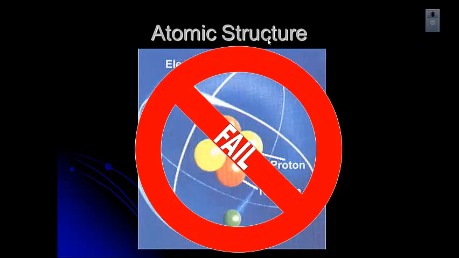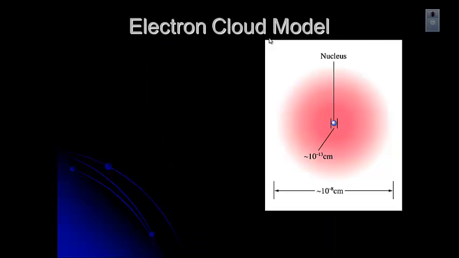So the current electronic model is called the electron cloud model. And what it is, you can see in the center that the nucleus is very tiny. You can see 10 to the negative 13th centimeters, very, very small. And then around the outside, you can see these different shaded areas. The more shaded it is, the more likely there is to be an electron there.